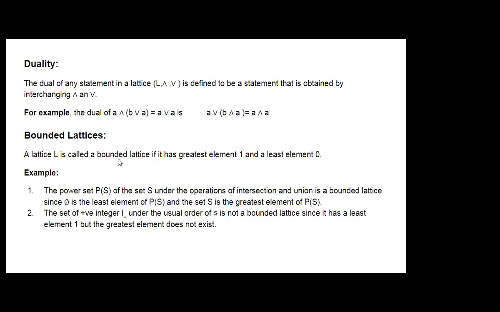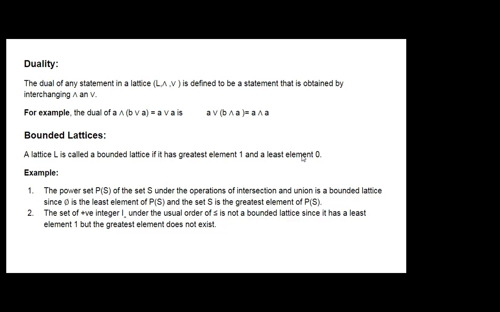Then what is a bounded lattice? A lattice L is called a bounded lattice if it has greatest element 1 and least element 0. Now, one thing we know, okay, lattices are partially ordered sets containing elements, with one of which is the lowest upper bound, and one is the greatest lower bound.